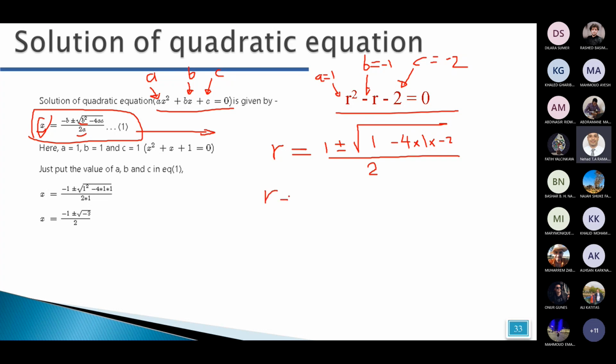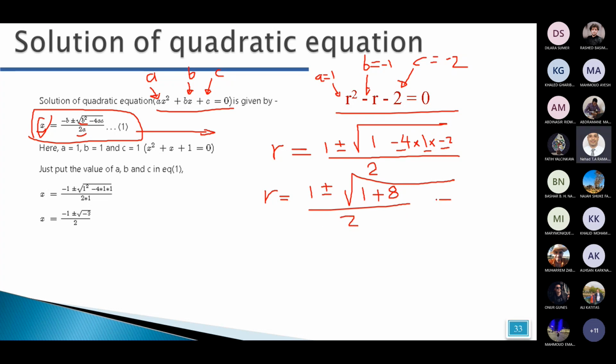So r equals 1 plus or minus, which means we have two solutions: one when it's a plus, one when it's a minus. Root of minus 4 multiplied by 1 multiplied by minus 2 is plus 8, so 1 plus 8 becomes 9, all divided by 2.